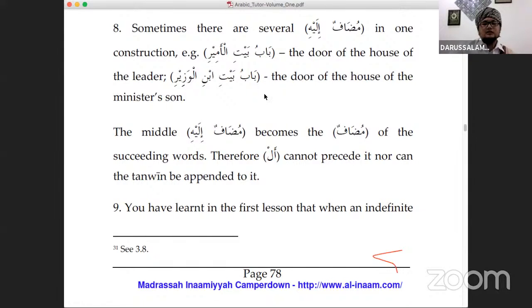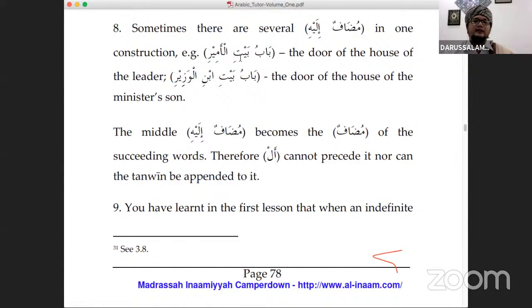Because these words in the middle are also mudaf, that means those words cannot have alif lam and cannot have tanween. Remember we said in the beginning that the mudaf cannot have al, cannot have tanween, right? So look, baiti, there's no al and there's no tanween. Okay, babu baiti, and they must be mudaf ilayh.